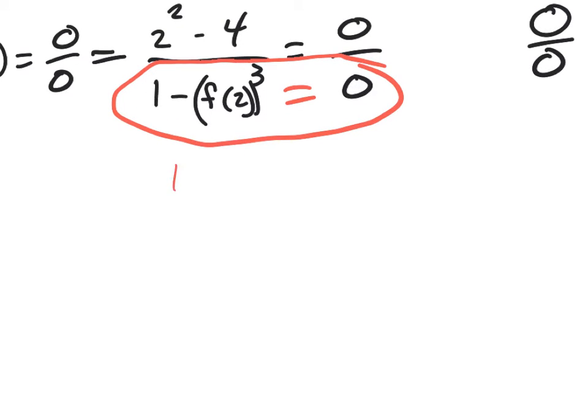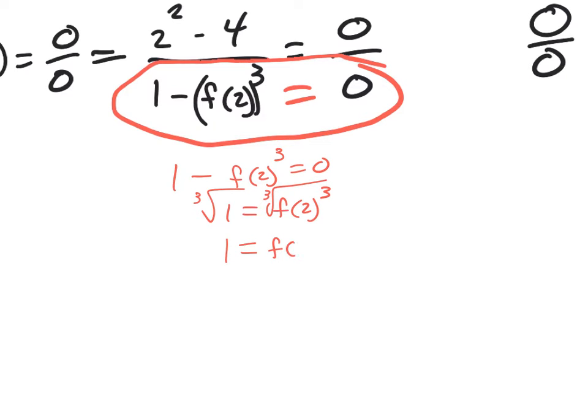We know that 1 minus f of 2 cubed equals 0, which is the same thing as saying 1 equals f of 2 cubed. Could I take the cube root of both sides? Yes, and I just found out that f of 2 has to equal 1.